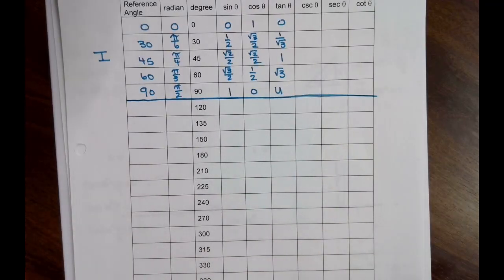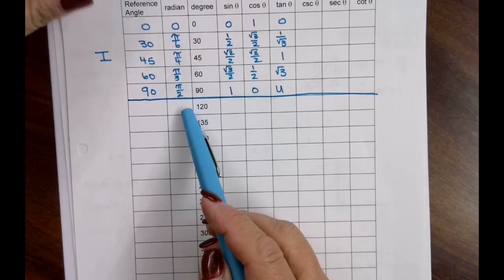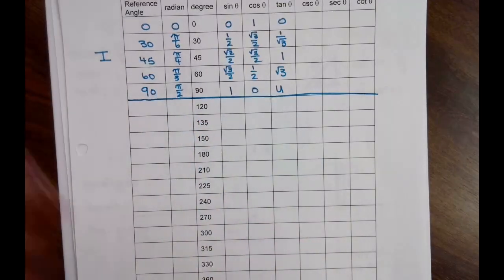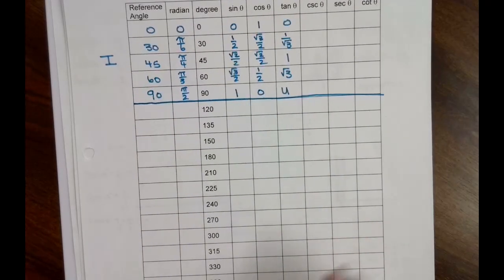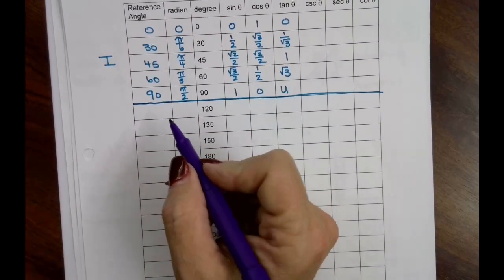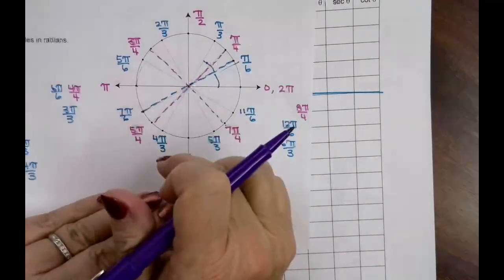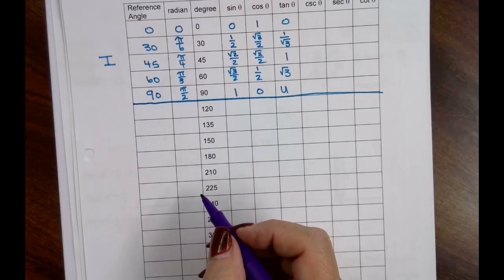Okay, so this is what I have in my first quadrant. Now, I could go through and I could figure this out for all of the quadrants, but really what I want to do, I'm going to look at two important things here. The first thing is I am going to look at my reference angles. So I already created all of my angles, and I can go around my chart and I can fill that in.